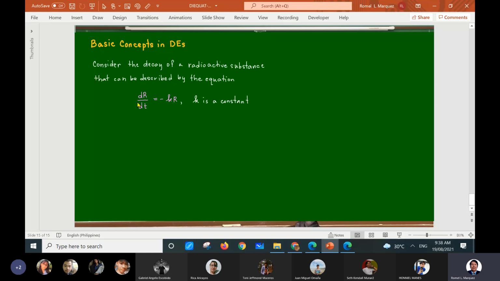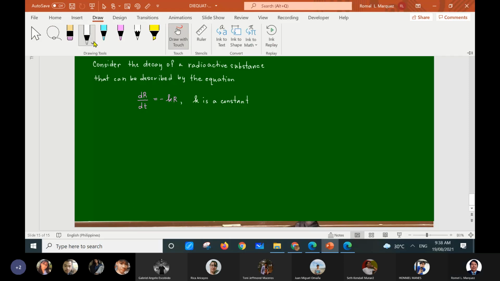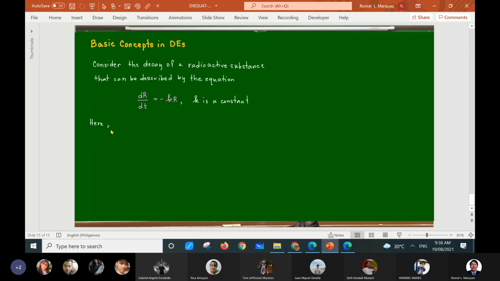Notice the quantity, the derivative of R with respect to t, is involved. This is the instantaneous rate of change of the amount of radioactive substance. So again, this quantity means the instantaneous rate of change of the amount of our radioactive substance.